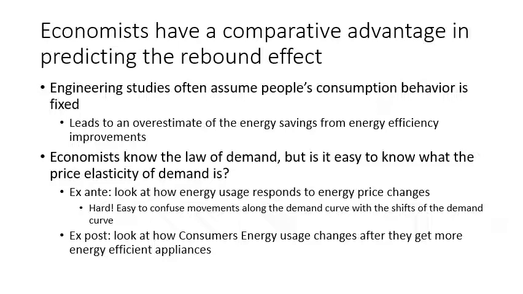So if you were a policy person thinking about implementing an energy efficiency policy, and you asked an engineer to forecast the energy savings we can expect, the engineer would overestimate the energy savings, while an economist might take into account the elasticity and get a better estimate given the rebound effect.